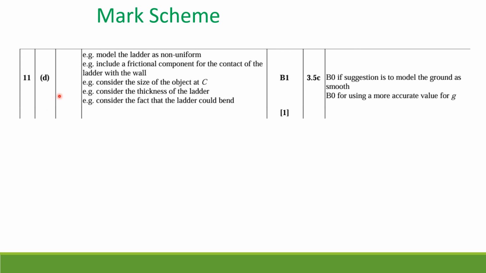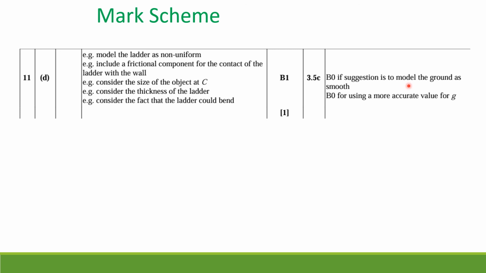The mark scheme says there is 1 mark for any of these reasons. So model the ladder as a non-uniform rod. Make sure that you include friction for the ladder and the wall. Consider the size of the object at part C. Consider the thickness of the ladder. Consider the fact that the ladder could bend. Any of these will give you 1 mark in the exam.